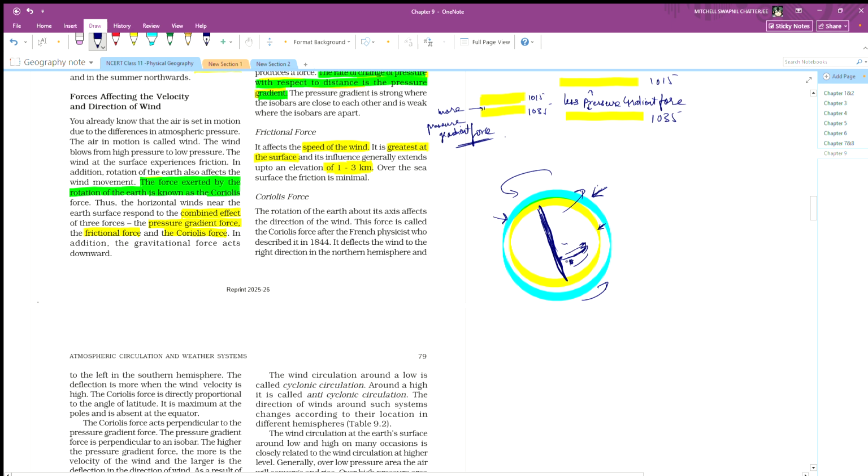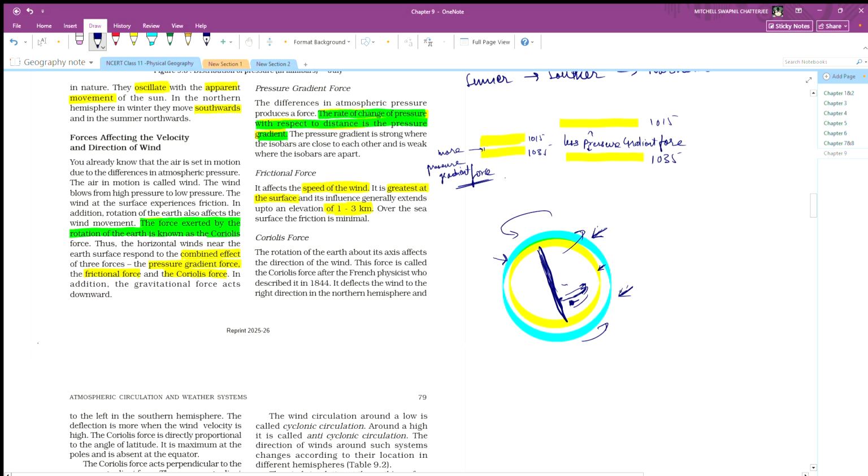Hypothetically, the air is stationary, but for that person the air is moving because the Earth is rotating. So a force is applied on that person due to the air, and he thinks the air is moving, but the air is at the same place, it is not moving at all.